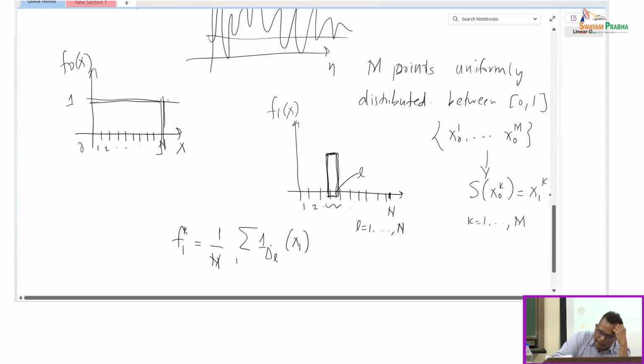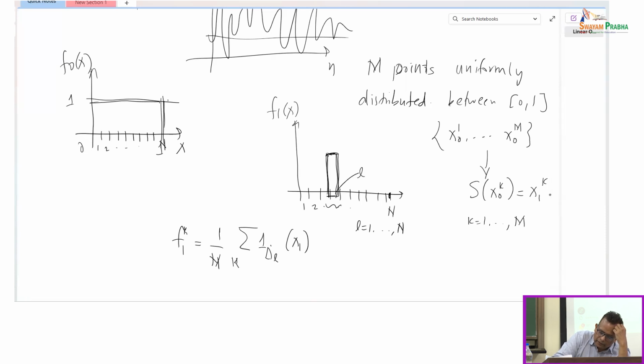So this delta L, 1 delta L will be the sum over k equals 1 to m of 1 delta L of x1k. Make sense? So what is 1 delta L? 1 delta L is what is called the indicator function, or also a counting measure.